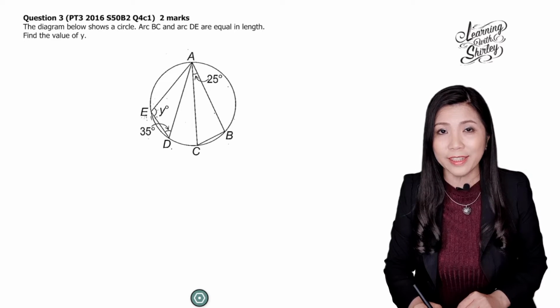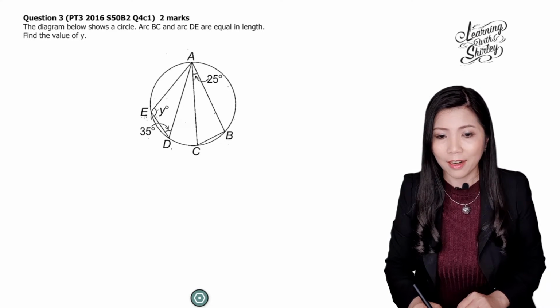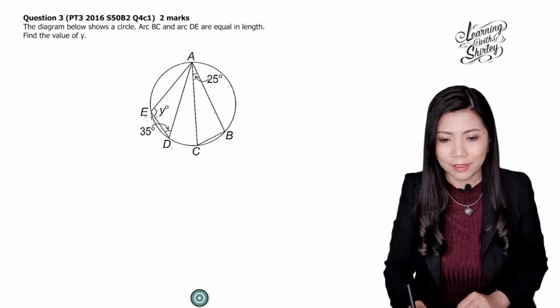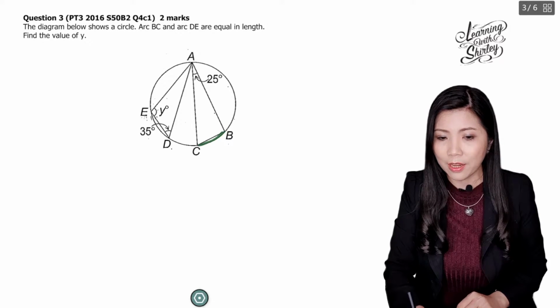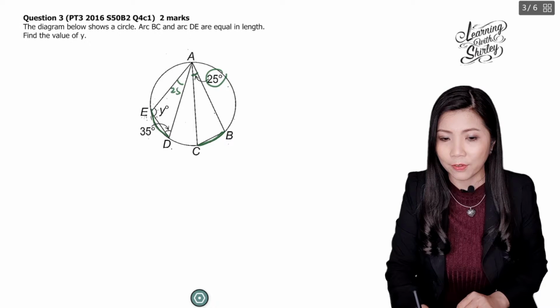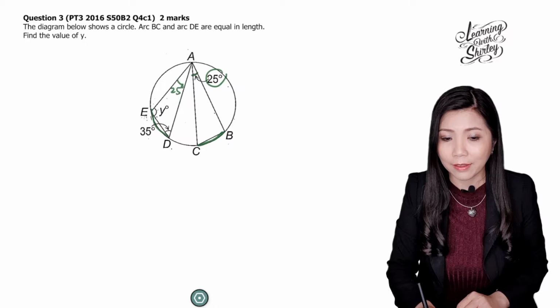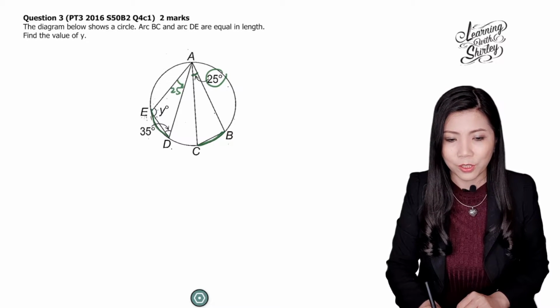Let's look at question number 3. The diagram below shows a circle. Arc BC and arc DE are equal in length. So if this arc BC is 25 degrees, therefore this is also 25 because the lengths of arc are the same. To find y, I'm going to use the sum of angles in a triangle, which is 180.